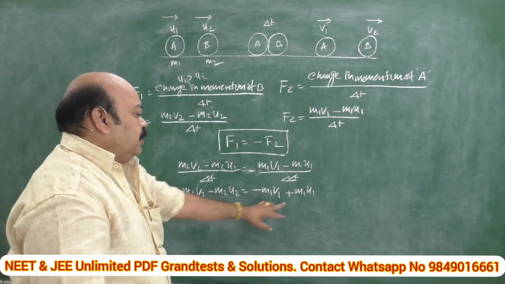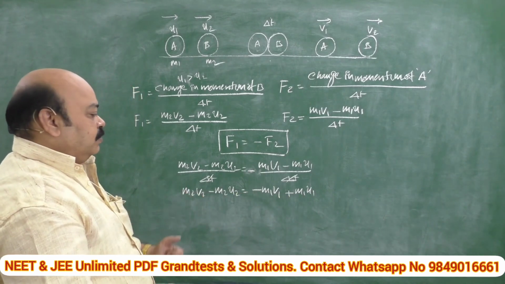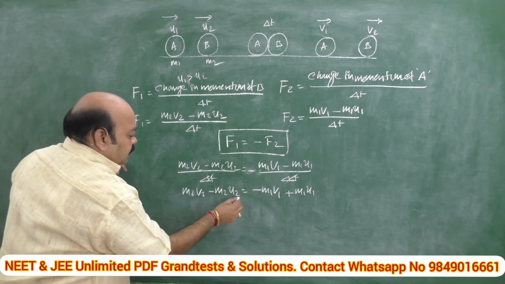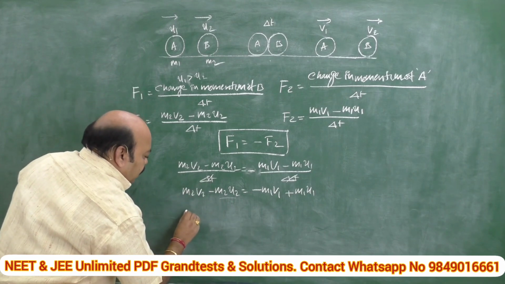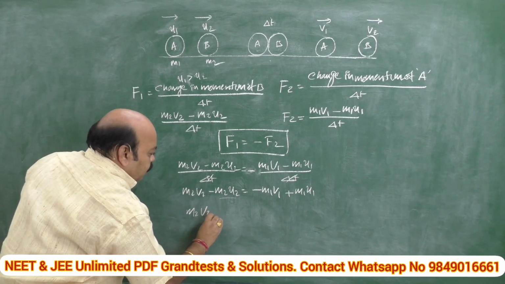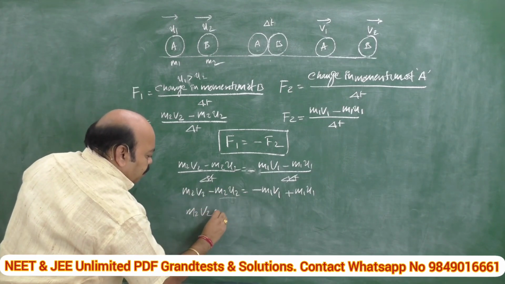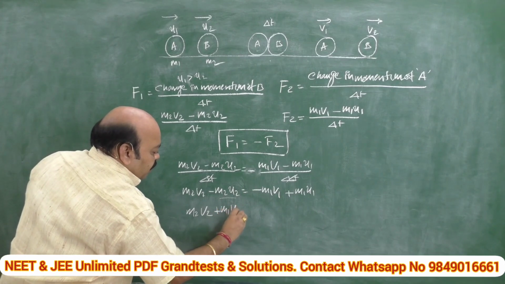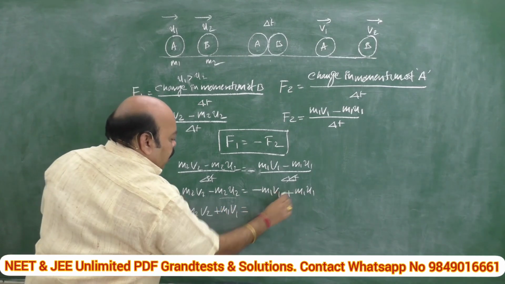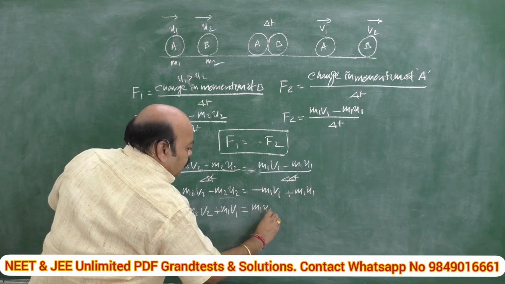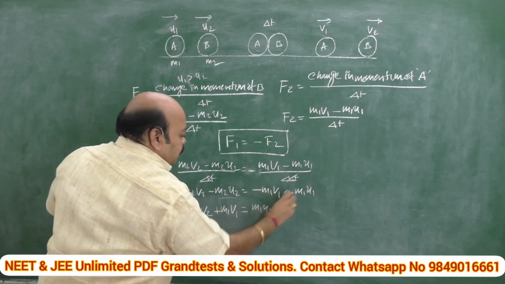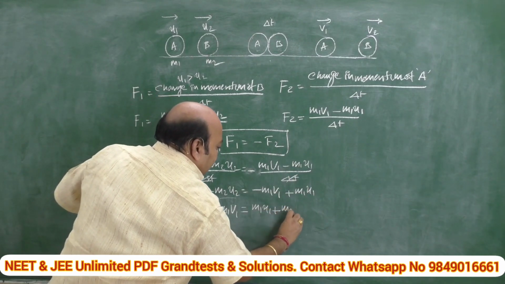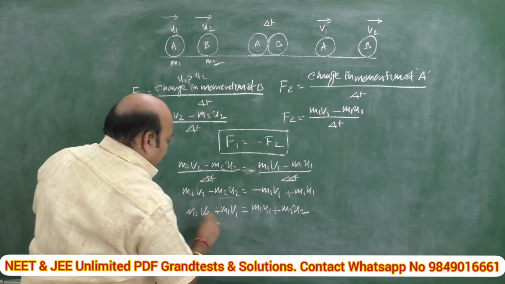Getting the similar terms, that means initial velocities to the same side, we have m2 v2 and plus m1 v1 is equal to m1 u1 plus m2 u2.